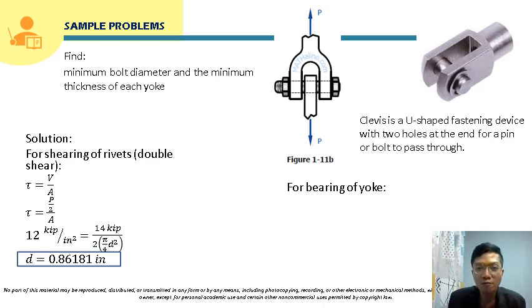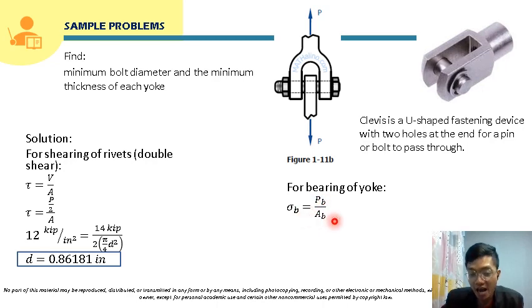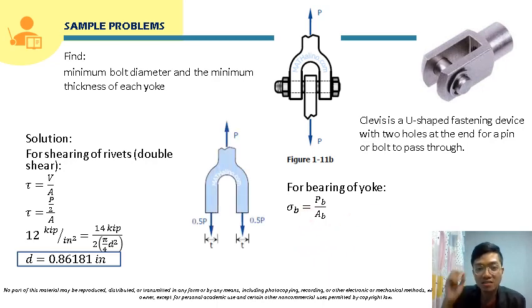Now for the minimum thickness of each yoke, we are going to use the allowable bearing stress for the yoke. The formula is the bearing force, PB, over the bearing area. The allowable stress is given in the problem.